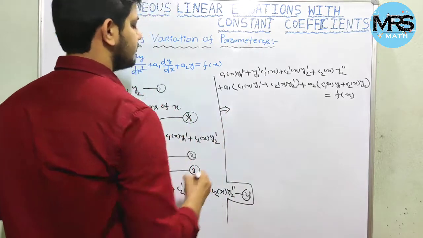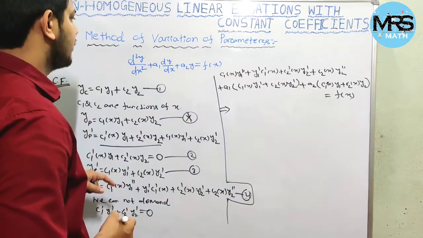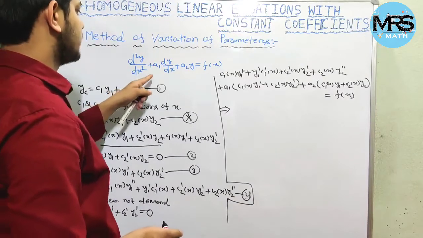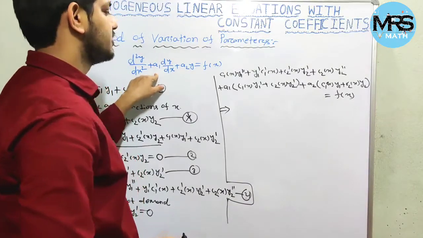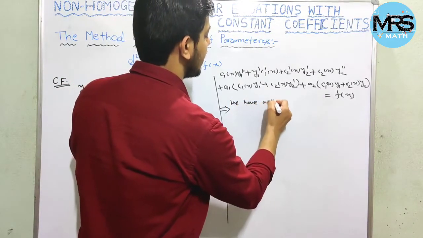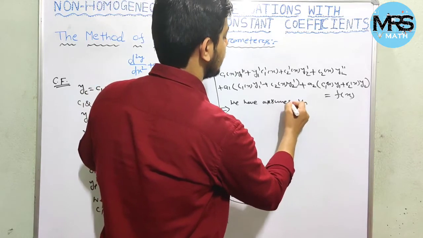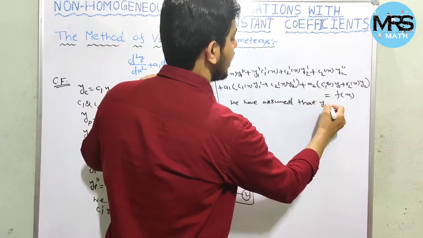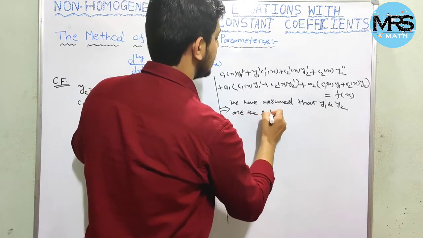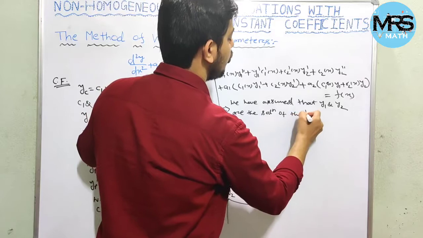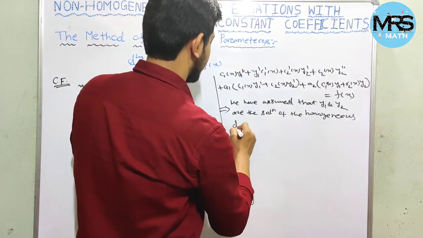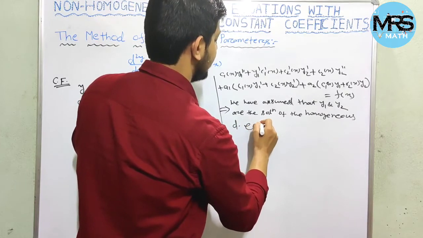Okay, so from here we can see that we have already assumed that y1 and y2 are the solutions of the homogeneous differential equation.